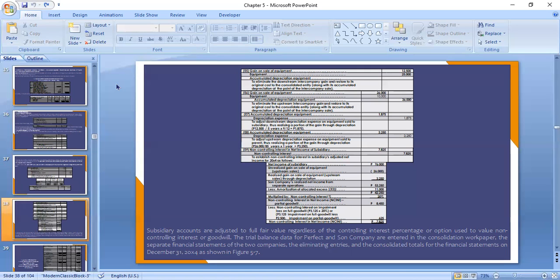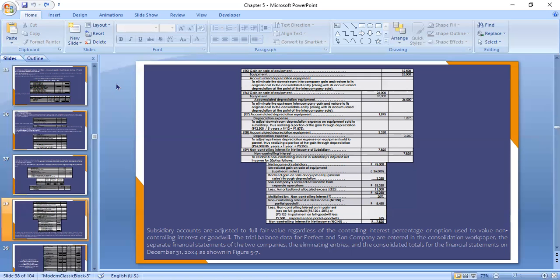Also debit to accumulated depreciation on equipment, credit to depreciation expense for 3,250, to adjust upstream depreciation expense on equipment sold to parent, thus realizing a portion of the gain through depreciation.